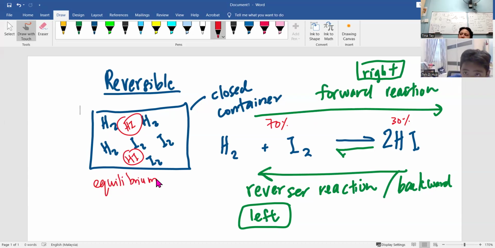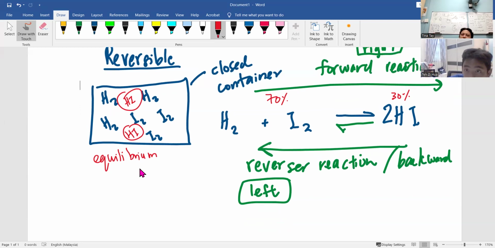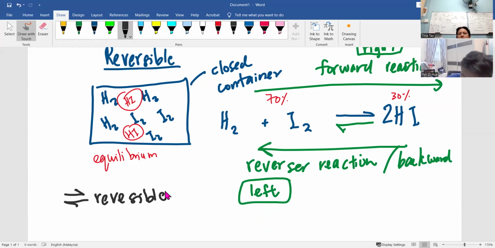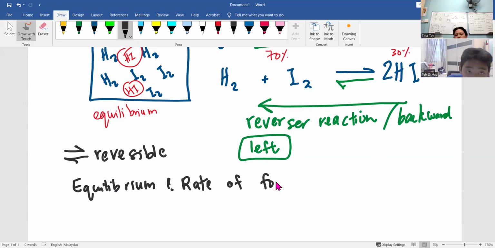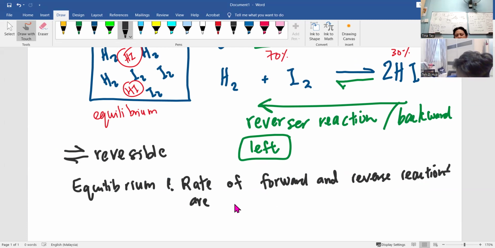or a dynamic equilibrium. The question will always ask you a few things. What does this symbol mean? This symbol means the reaction is reversible. The second question is, what is the definition of equilibrium? Two things. The rate of forward and reverse reactions are equal.